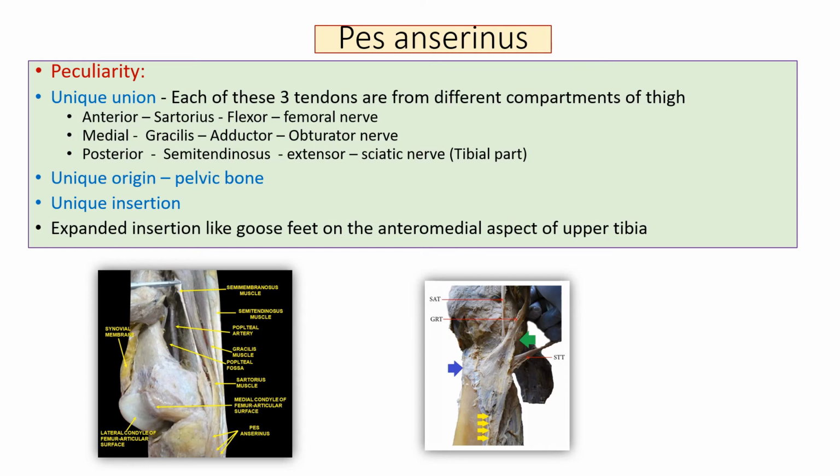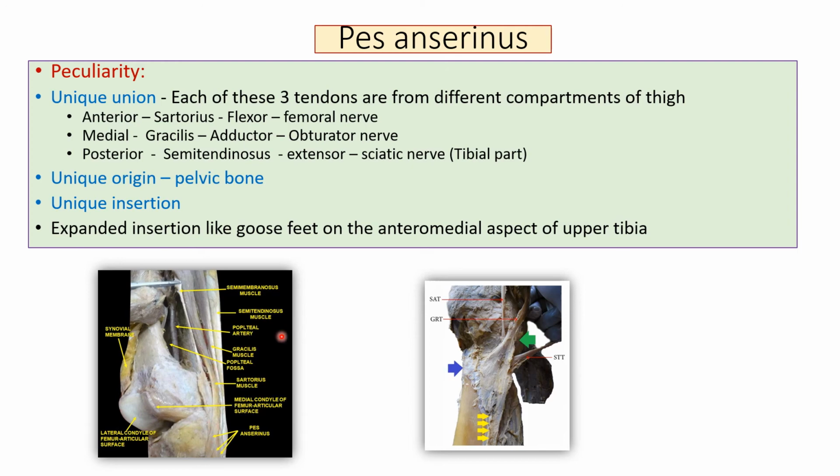Then coming to their insertion, which is also unique, they are getting inserted in the form of an extended expansion, like the goose feet, on the anteromedial aspect of the upper tibia. If you observe these pictures, you can see the tendons of the semitendinosus muscle, then the gracilis muscle and sartorius muscle.